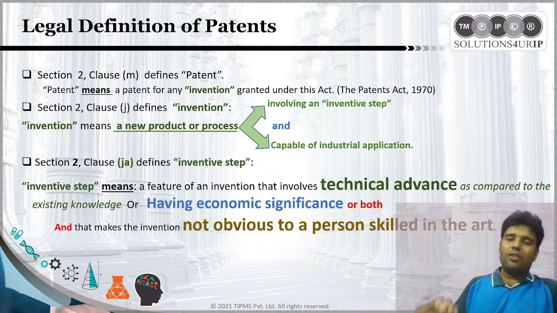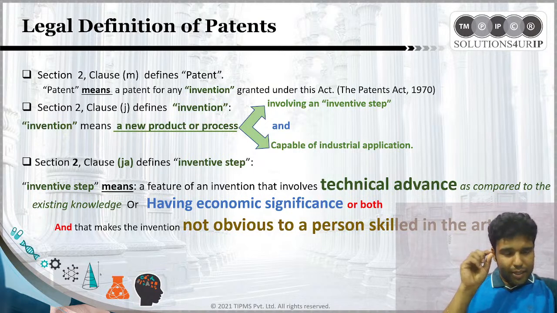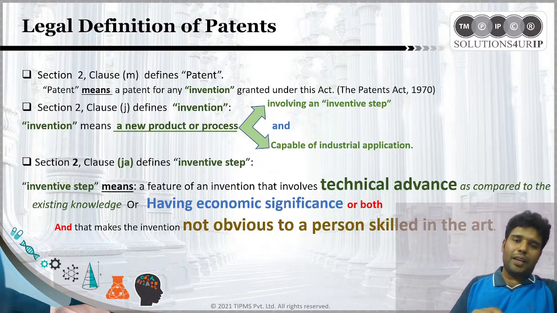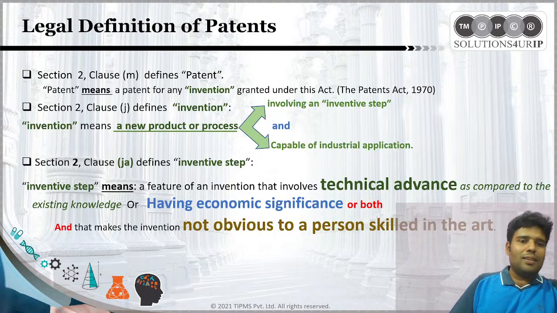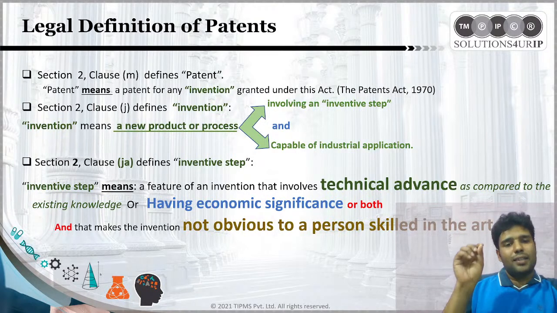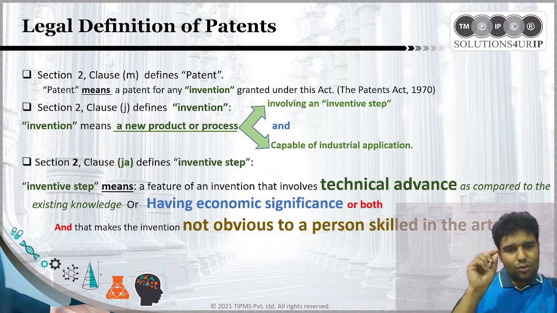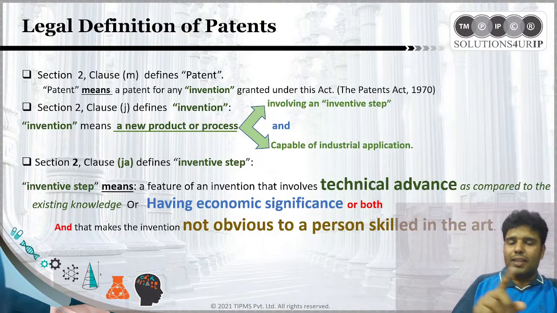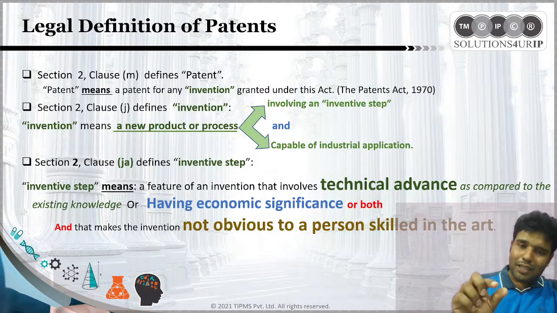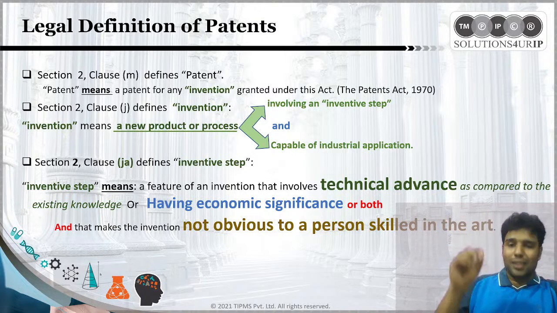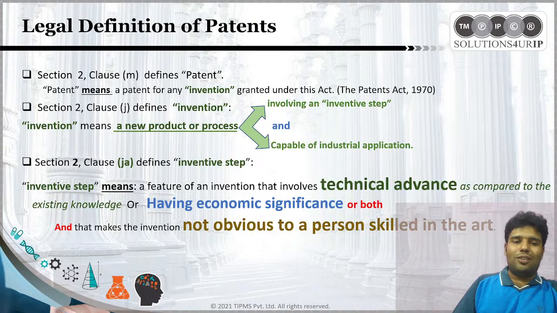Explain it in your own words, but mention the section number properly. It is not even required to mention the subsection number properly, but at least mention the section number properly. But for the definitions, section 2, subsection 1, clause m, it is required. For only the definitions, exactly the same section number and subsection number and exactly the same definition is required to be replicated in your answer paper.